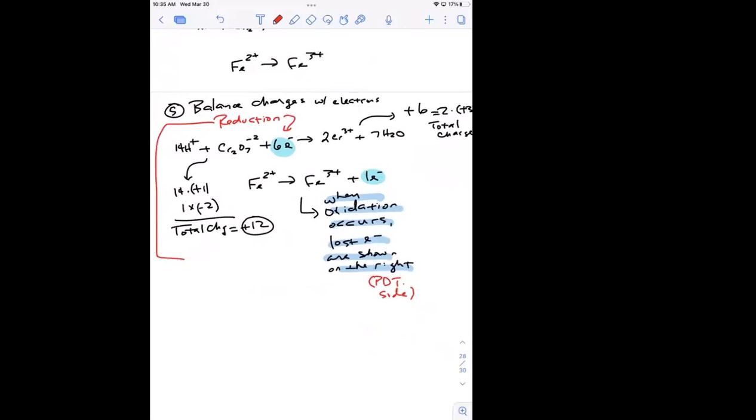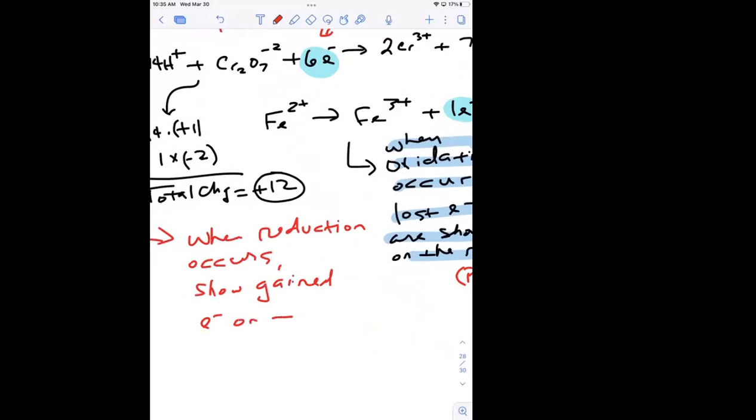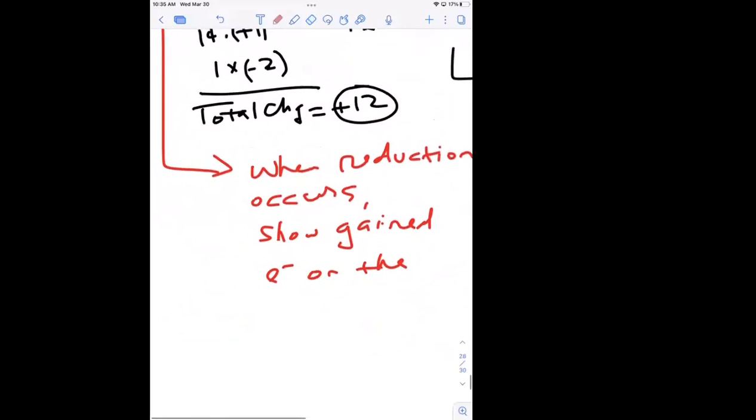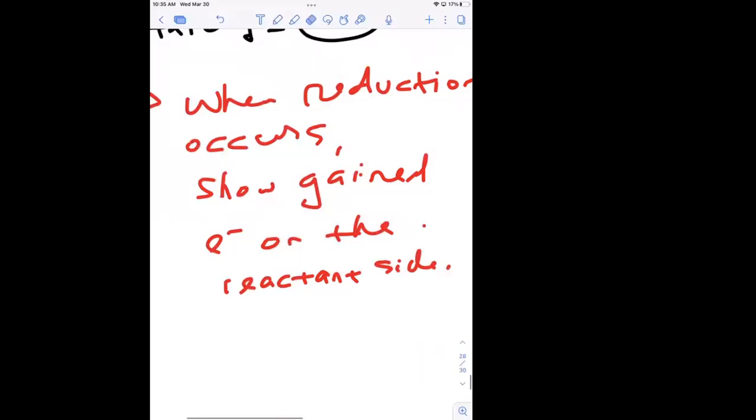I'll write it down here. Show the electrons that got gained on the reactant side. All right, questions about that?